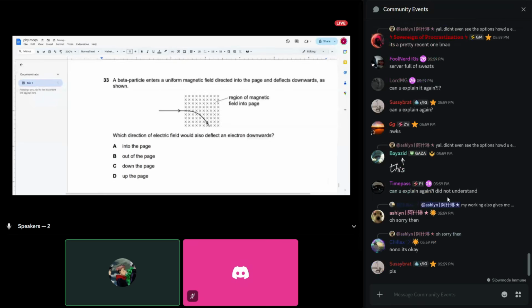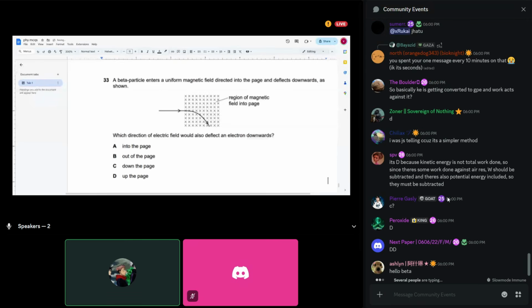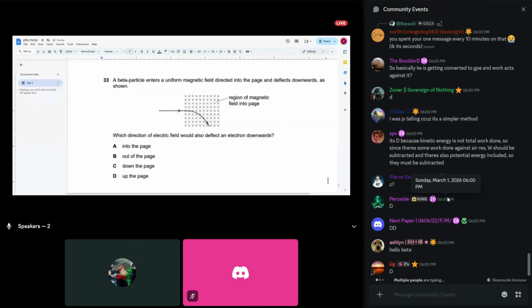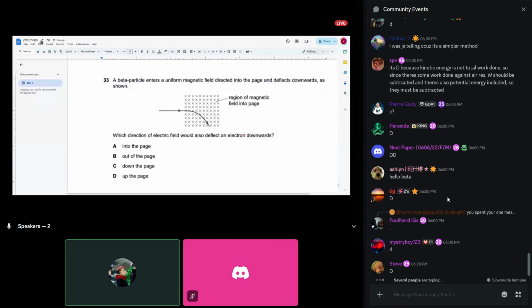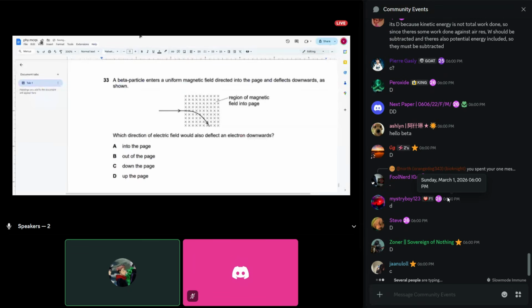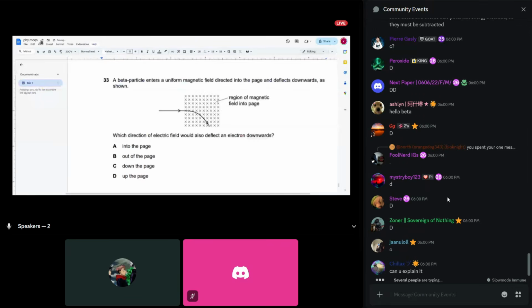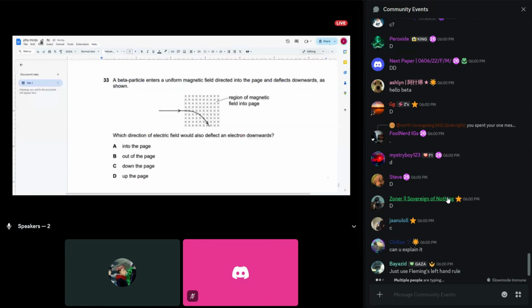Downwards, as shown, which reflects the electron downwards. Yeah, that was really simple. See, look, the electron moves in the opposite direction of the electric field.